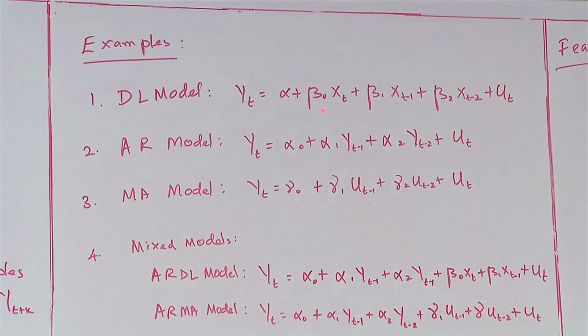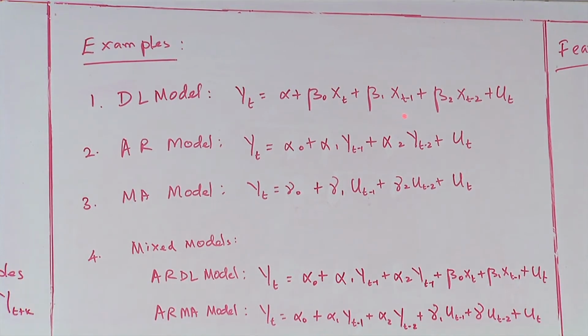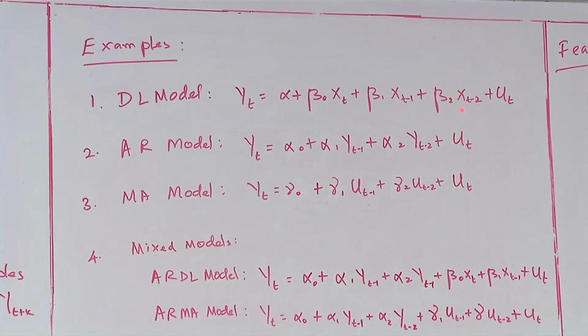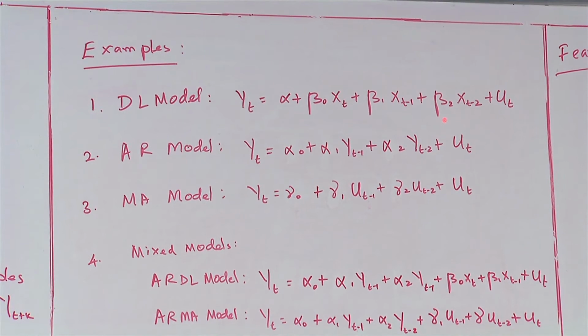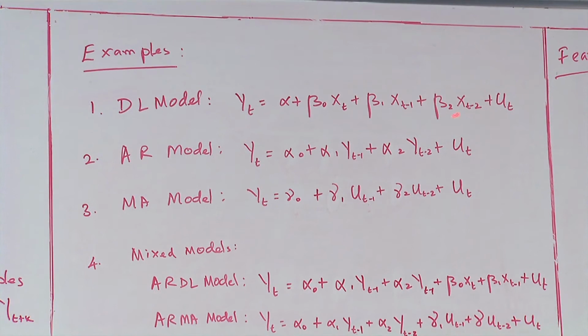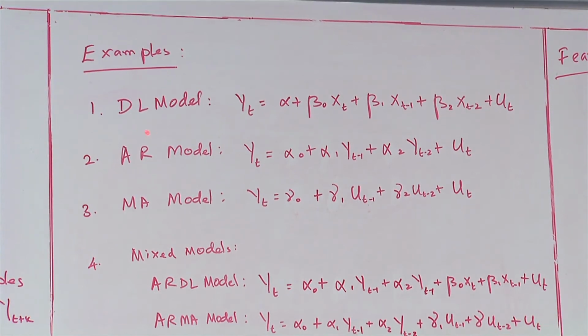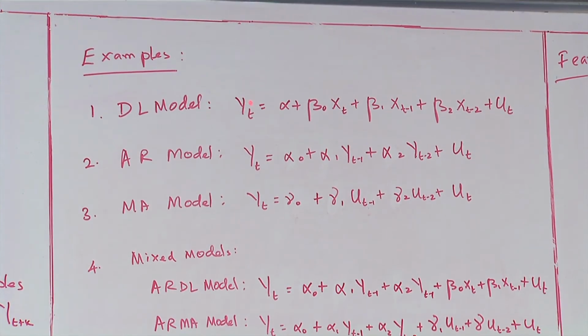Beta 0 is associated with xt, beta 1 is associated with the first lag of the independent variable, and beta 2 is related to the second lag of the independent variable. So, this 1 is related to this 1 and this 2 is related to this 2, and so usually the DL models are symbolized like this.